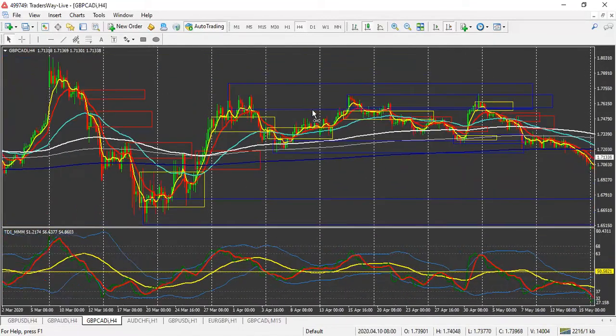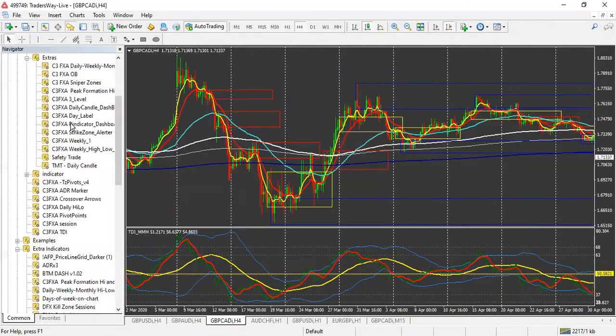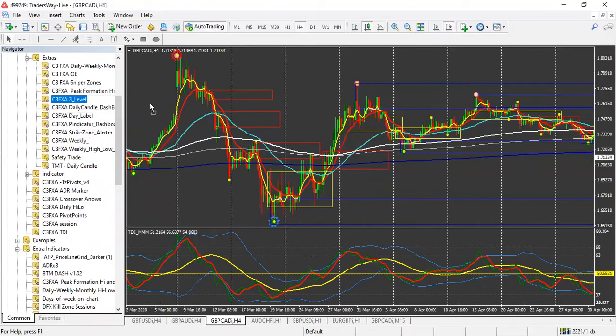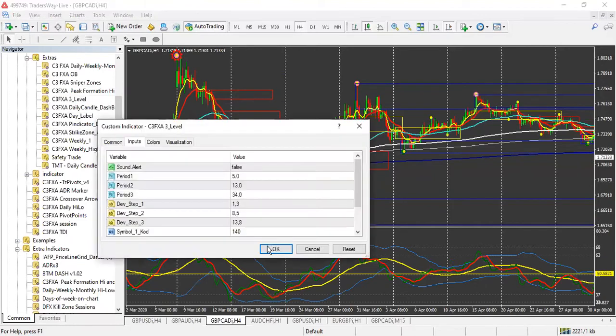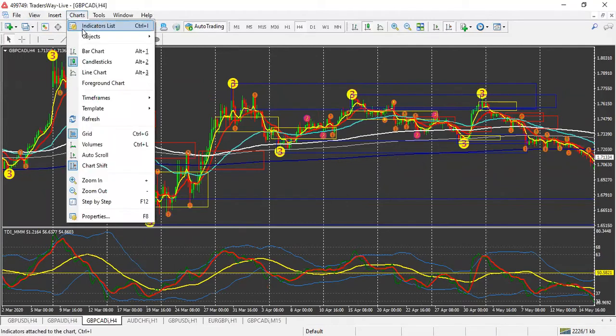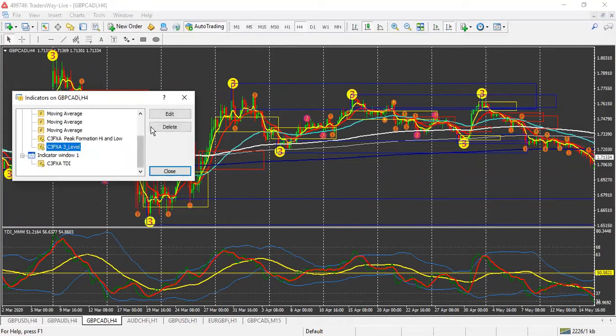So we go back to the beginning from right here. You go to your peak formation, hit OK. And then you want to add your 3 levels, hit OK. Now, let me take this off real quick. So your peak formation indicator, right?